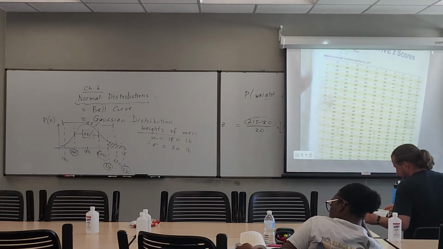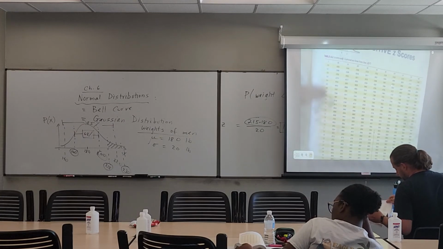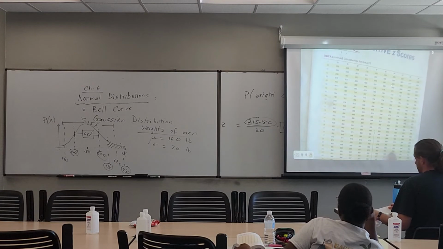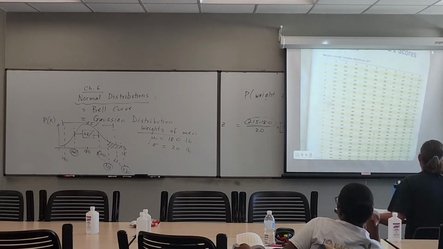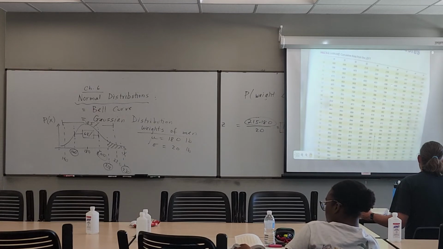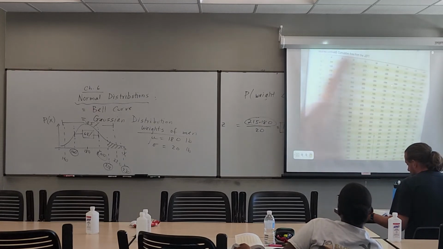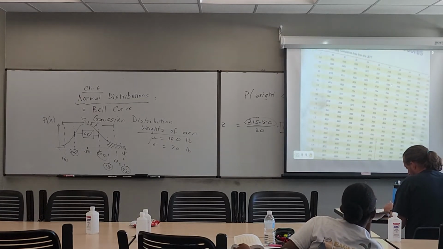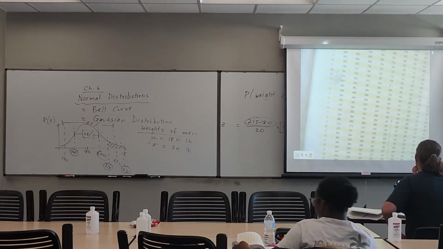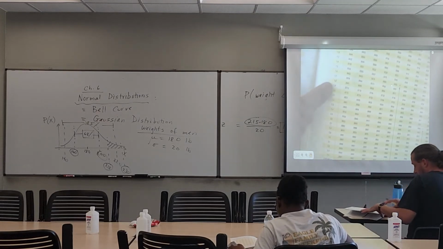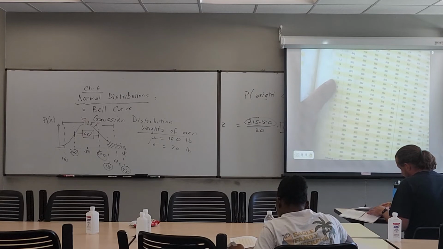And then the first column of the table lists the z-scores, and all these middle numbers in the table represent the areas to the left of that z-score under the bell curve. So first column is z-score, all the middle numbers represent areas. So we're going to look for 1.75. They're in order, so 1.7 is here, and then we want an extra 0.05.